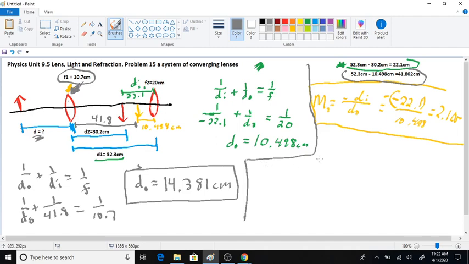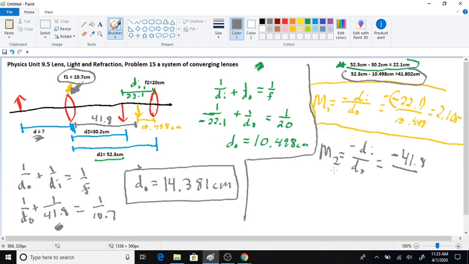So let's do a magnification number 2, the gray magnification. We'll do this magnification 2. Once again, it's a negative di over do. And what's our di? There's my negative sign from there. And it's a negative 40, so it's a positive 41, but it's negative signs in the equation. 41.8. I got it from right here, right?